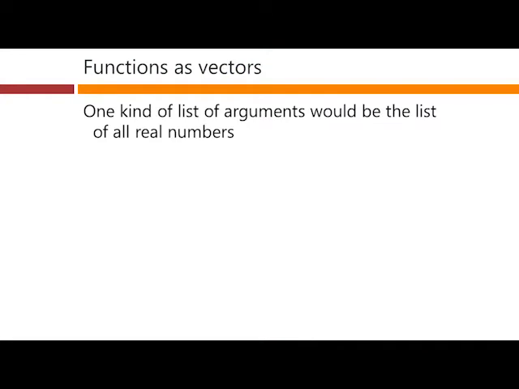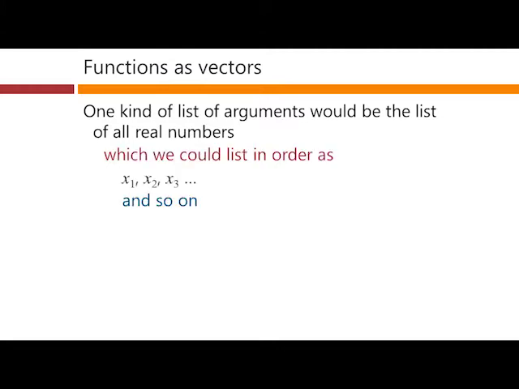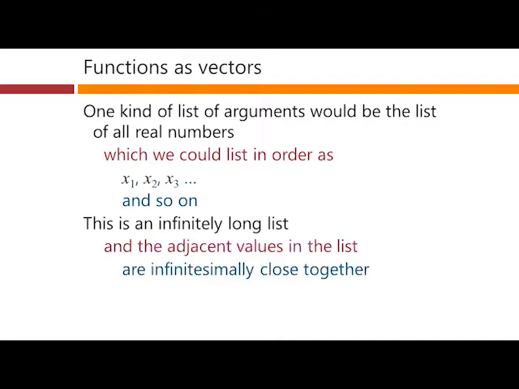One kind of list of arguments would simply be the list of all real numbers. We could list these in order as the first real number x1 and the second x2 and the third x3 and so on. Of course, for real numbers this is an infinitely long list, and the adjacent values in the list are infinitesimally close together.